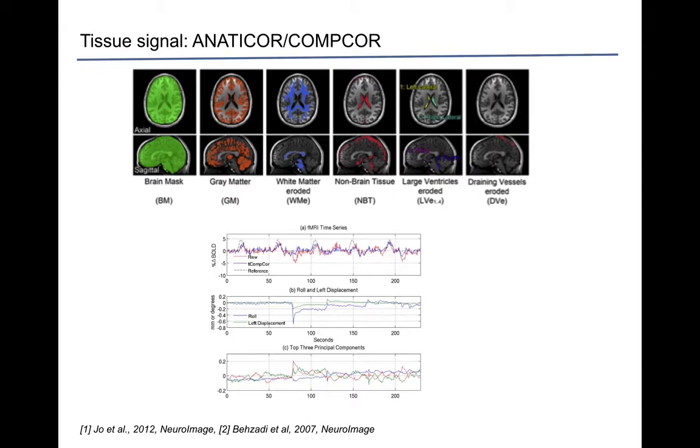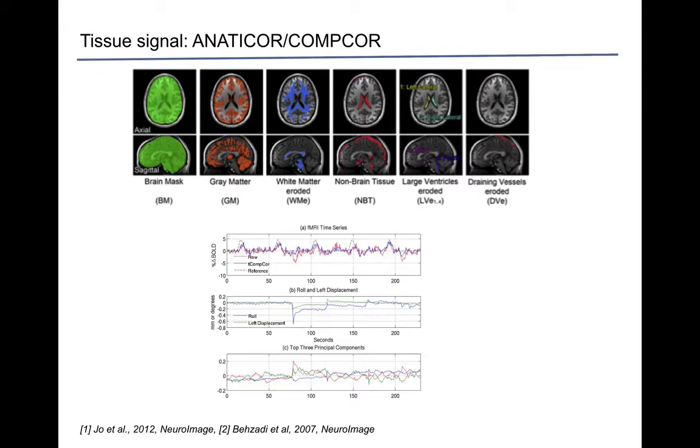We can use them in our model-based approach as regressors in the model. aCompCor is one of these approaches, and then CompCor, which is very similar to the other one. They just get the principal components of the tissue time series.